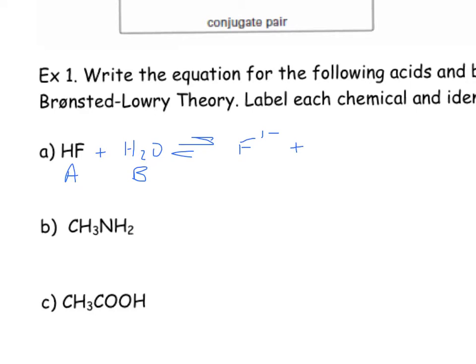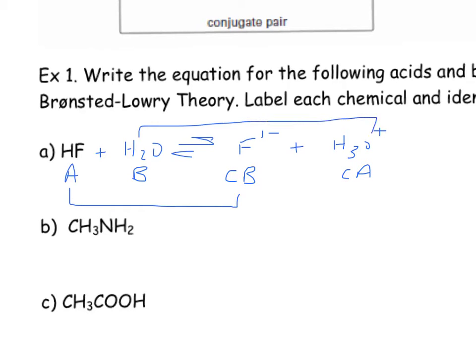When the water accepts the proton, it will become an H3O+. The F- is known as the conjugate base. It's the acid after it's donated the proton. And the H3O+ is classified as the conjugate acid. And here are my conjugate acid-base pairs.